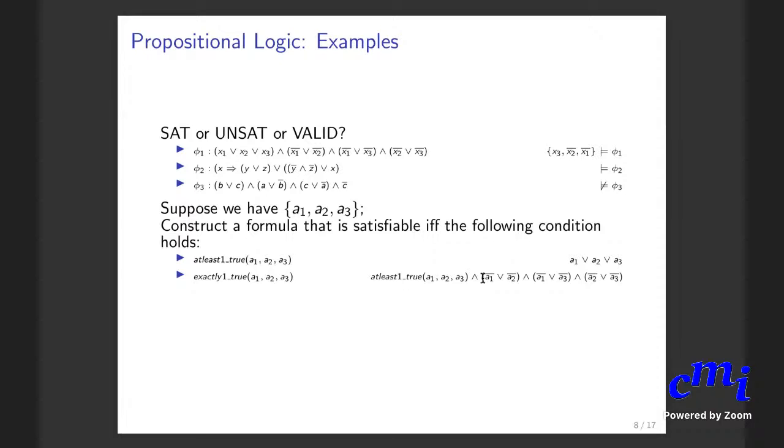It says that pairwise you can't have two variables be true. So what you said is equivalent to this, where you were using all three variables to construct and enumerate them.